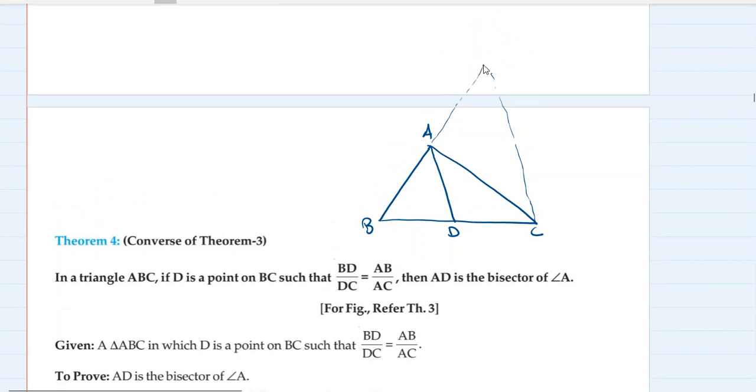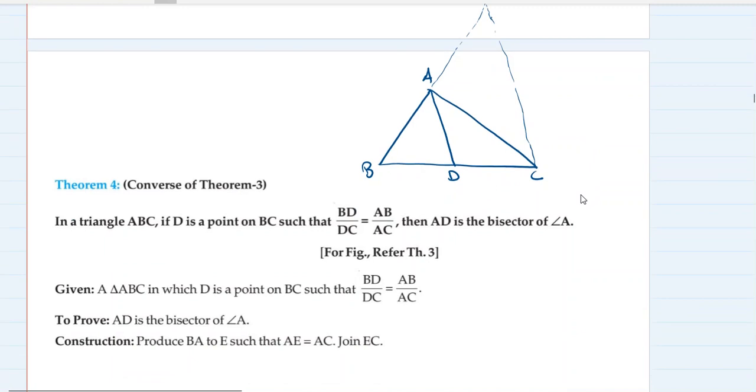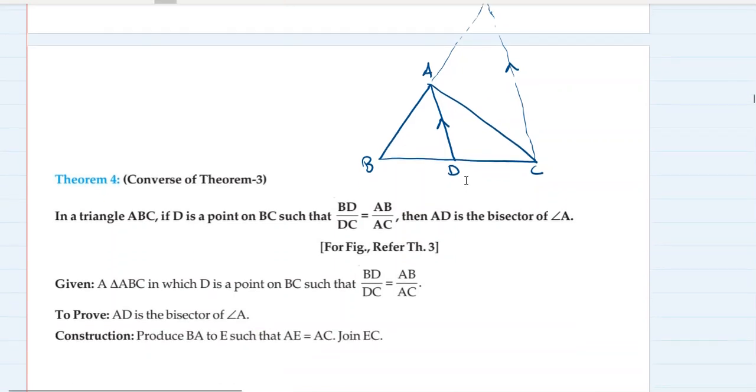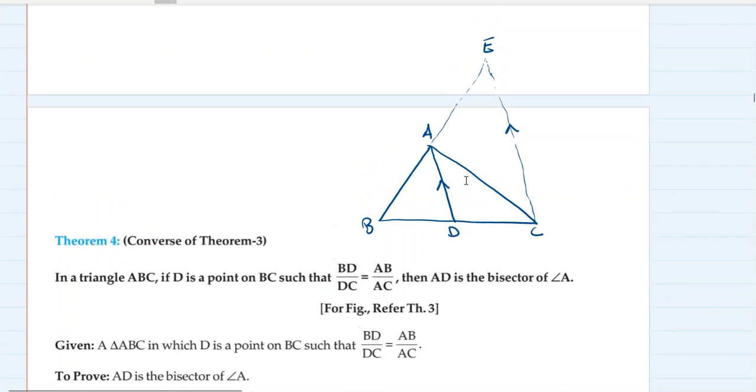Let's say this is CE, which is parallel to AD, and we have joined A to E. Now remember what we have to prove.